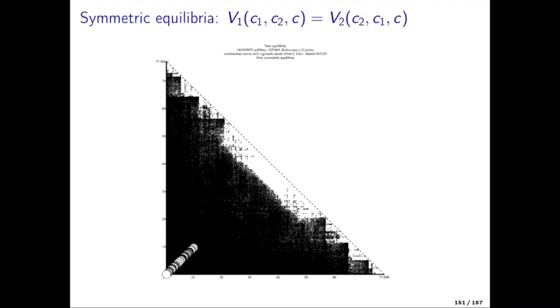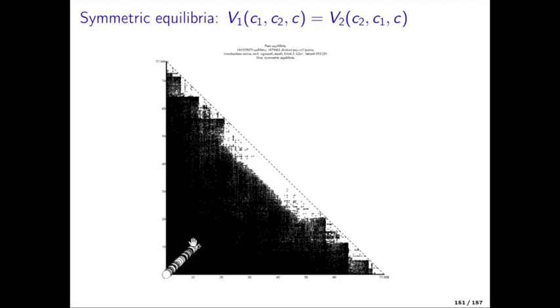Here's an illustration of what happens if you impose symmetry of the equilibrium, which is a very appealing assumption, right? Symmetric payoff functions, starting at the same point of the state space, everything symmetric for those two players. The whole thing is symmetrically described: same discount factor, same cost functions. Why not impose a symmetric equilibrium? Well, what we have done here is mark the equilibria that are in fact symmetric.